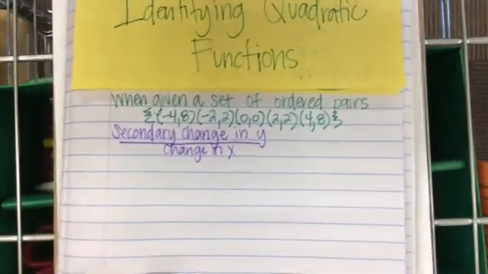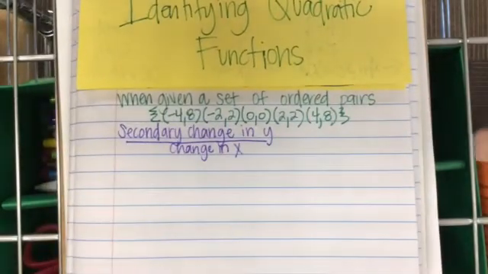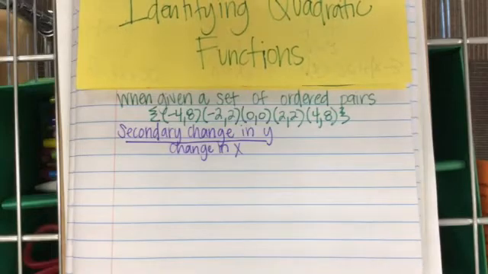So not the first change. I'm looking for a pattern in my y's. I'm finding the first changes, but I'm not looking for the first change. I'm looking for the secondary change. I'm looking for the second change because it's an exponent of 2. The secondary change in y over the change in x.